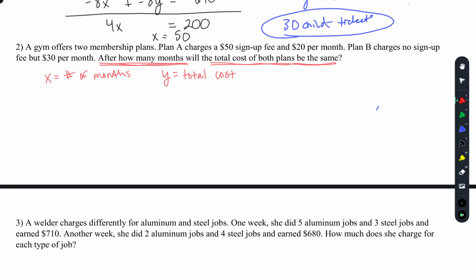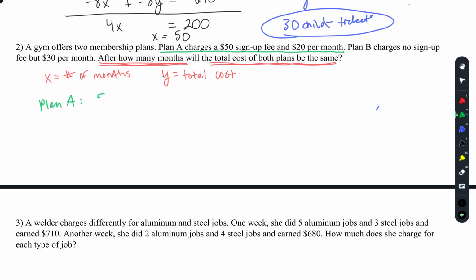So the way you do these setups: the ticket one was money and total tickets. For memberships or cell phones, you're going to have 2 different plans. One equation is going to be plan A and the other equation is going to be plan B. So for plan A, it is $50 sign up fee plus 20 per month.